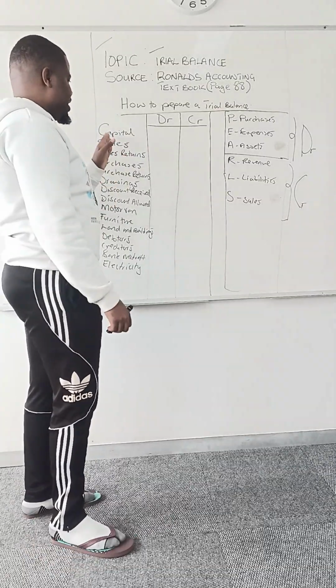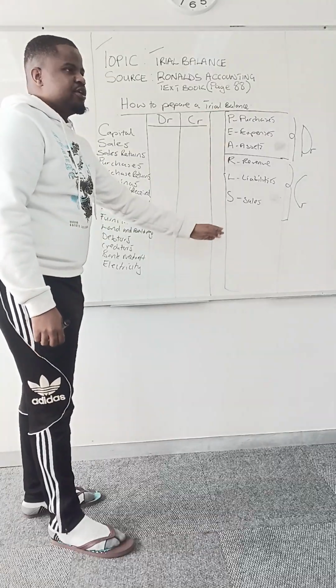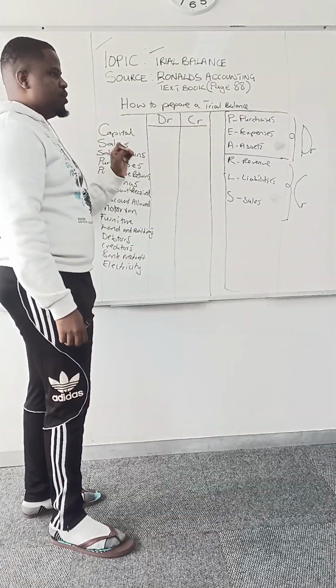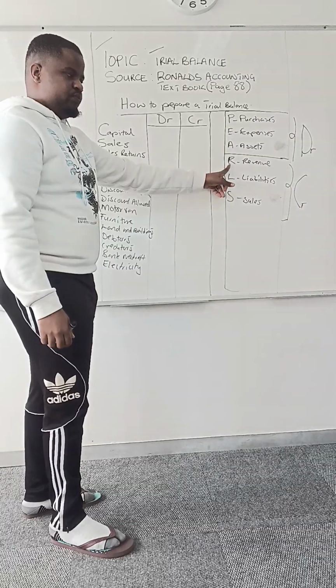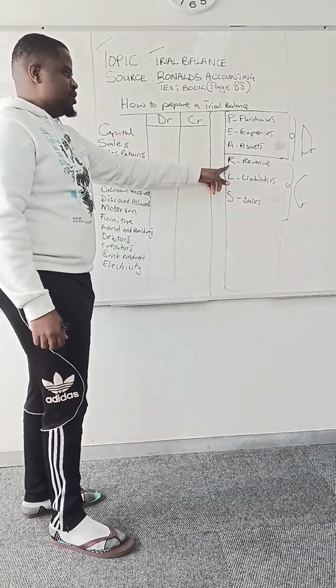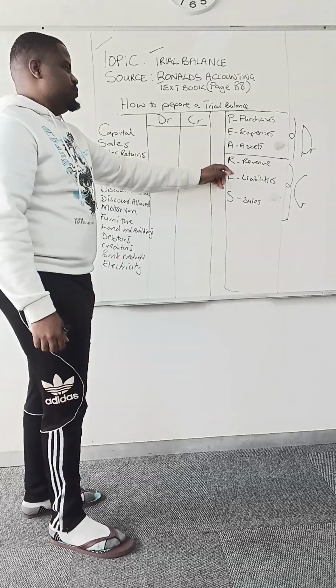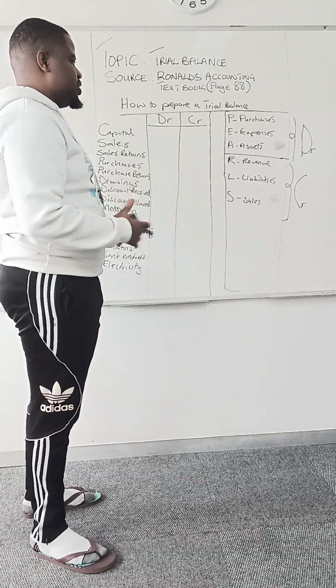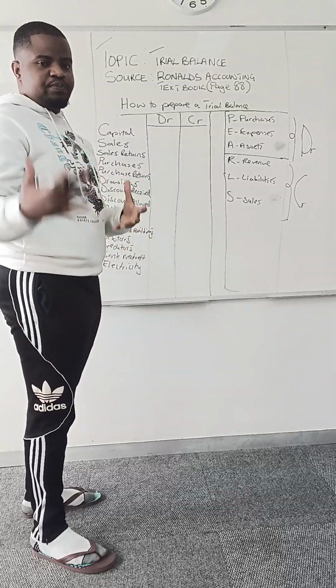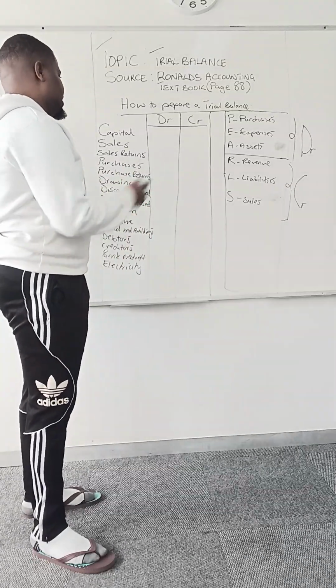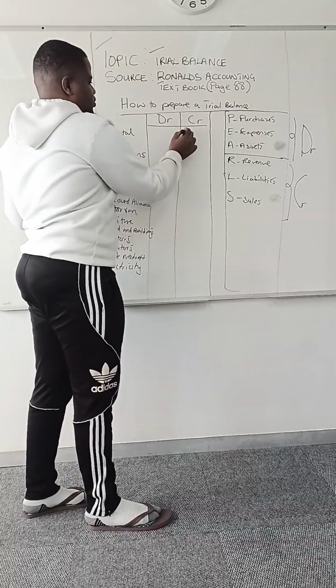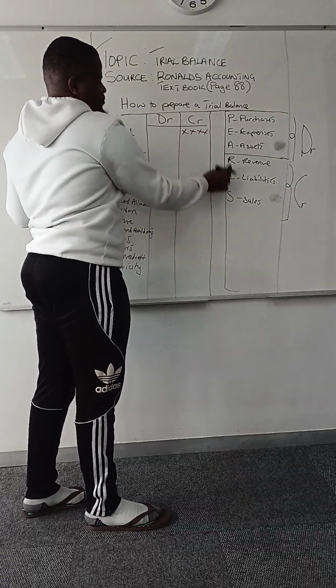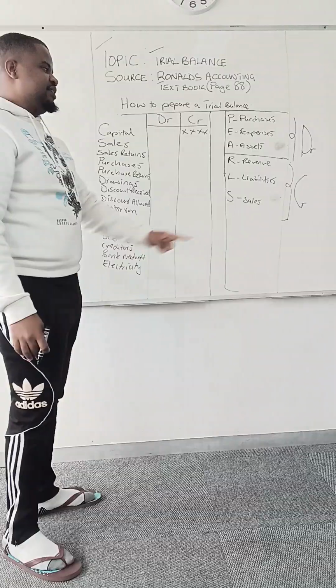Capital is part of revenue, because capital is the money that the owner invests into the business. So capital, hence, you record it on the credit side, because revenue is on the credit side according to PEWS.